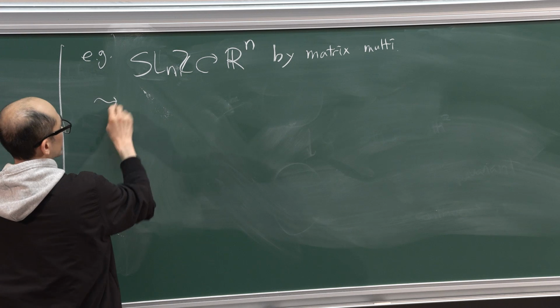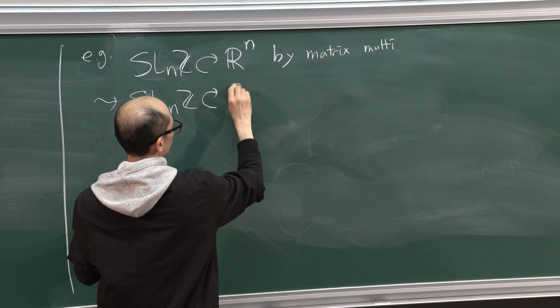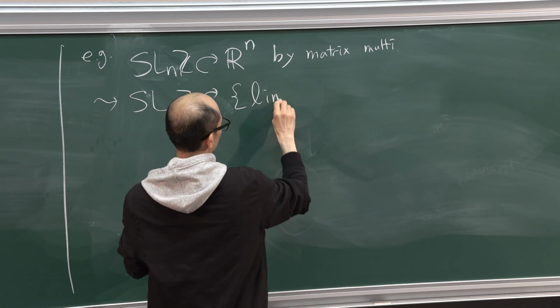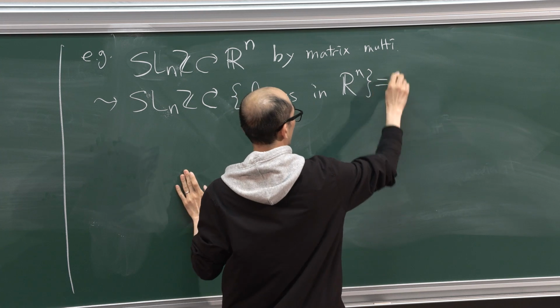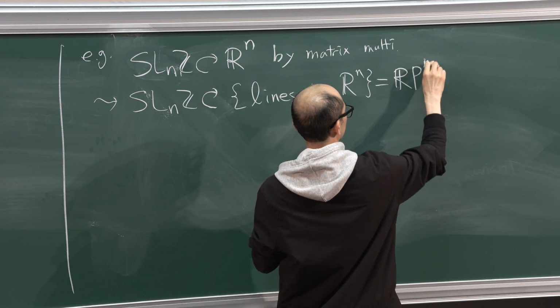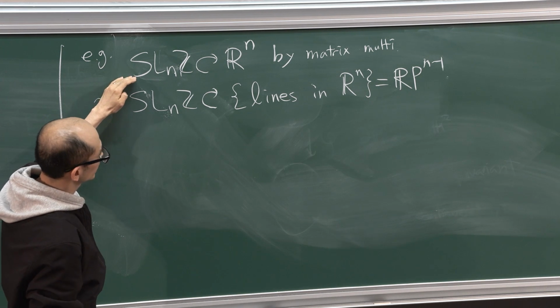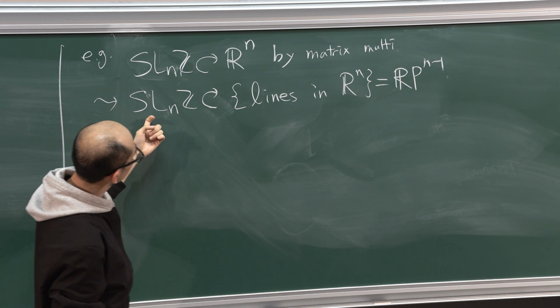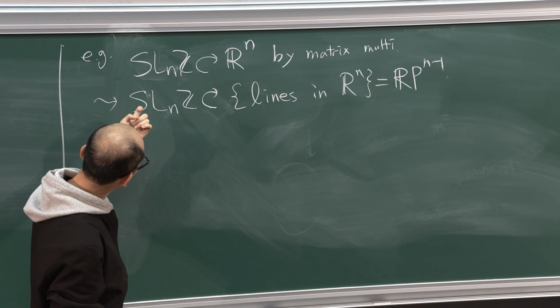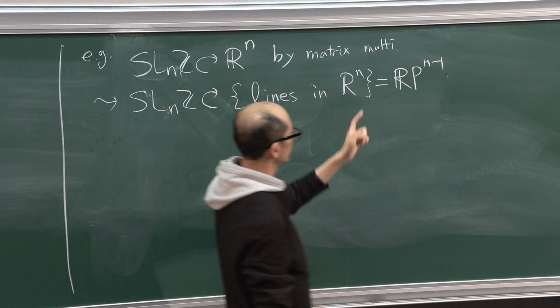Then this will give you an action on the space of all lines in R^n, which is just RP^(n-1). Because matrix multiplication preserves lines, lines go to lines. So you can make the action of SL_n Z on the space of lines in R^n, and this is an n minus 1 dimensional manifold.